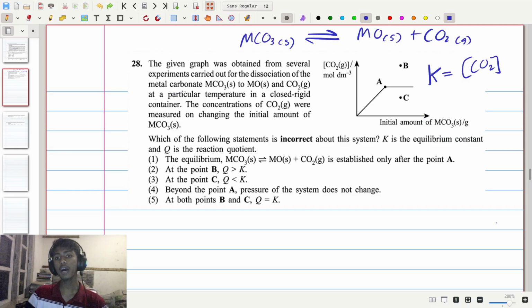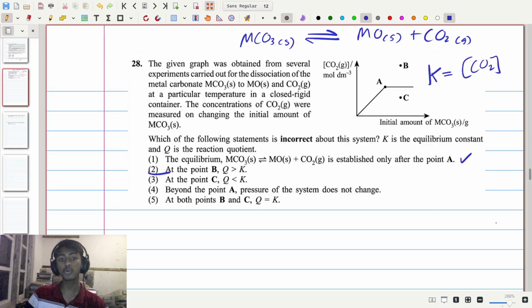However, after this point, the graph doesn't continuously go up, and that's because after that point, we reach the equilibrium concentration of CO2, and therefore, the concentration stays as it is, and the MCO3 stops breaking down into CO2 at that point. So therefore, the graph does in fact say that only after the point A is the equilibrium established. So that means statement 1 is correct.